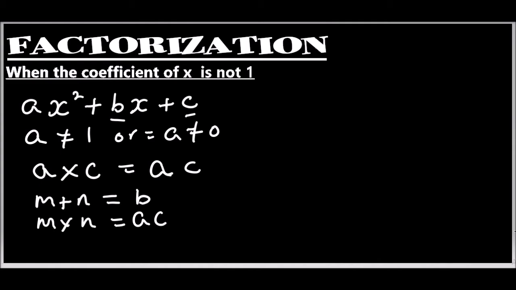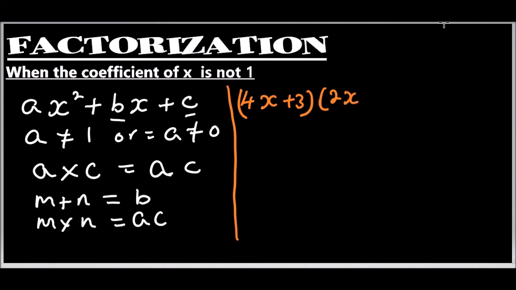First of all, let us expand, because factorization is a reverse of expansion, so we can see what the reverse is. So I'm going to expand these two factors: 4x plus 3 and 2x plus 2.